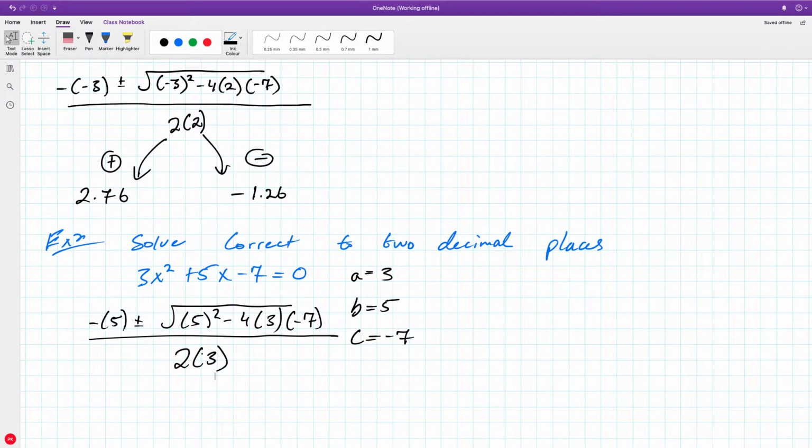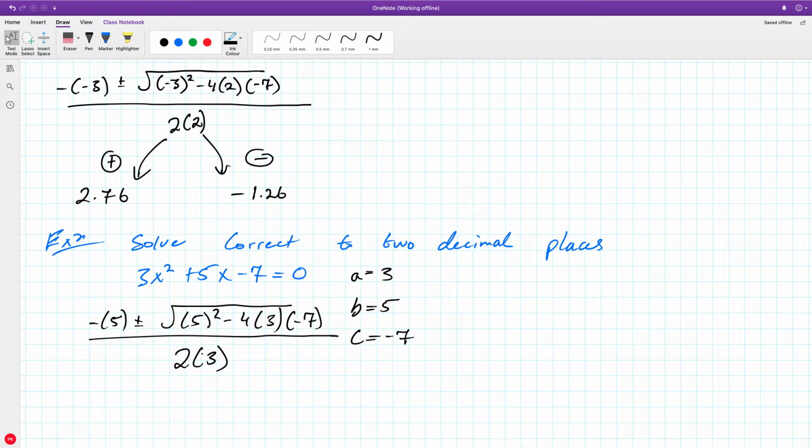So let's fire that into the calculator. That's minus 5 plus the square root of 5 squared minus 4 times 3 times minus 7. Sorry, 2 seconds, I made a mistake there.